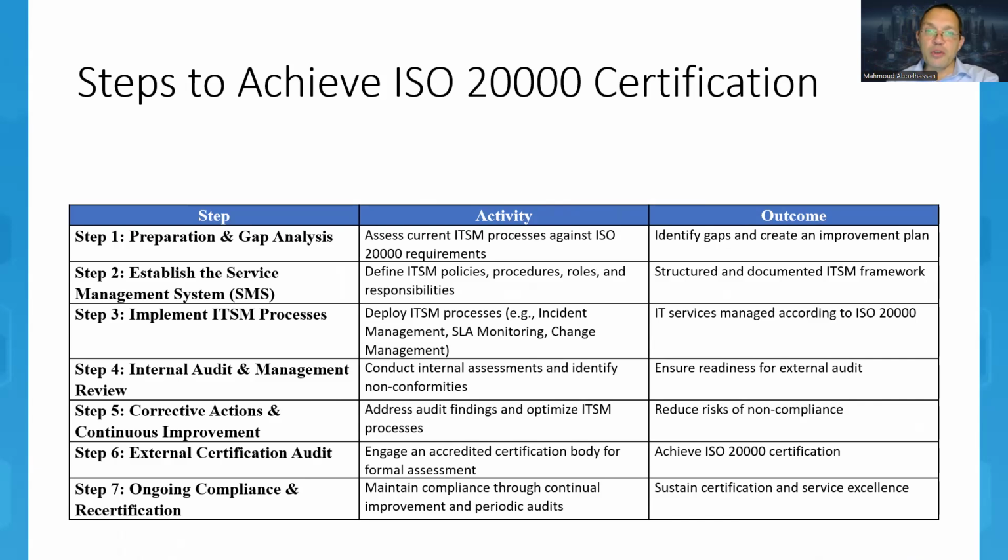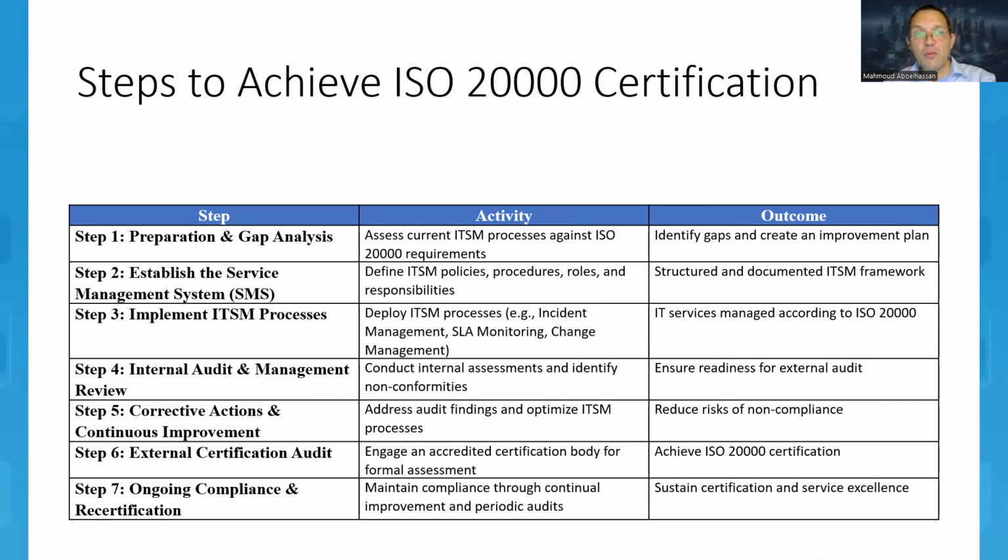Then we will proceed to step 2 by establishing the service management system, and this will include the definition of IT service management policies, procedures, roles, and responsibilities. Its output will be a structured and documented IT service management framework.